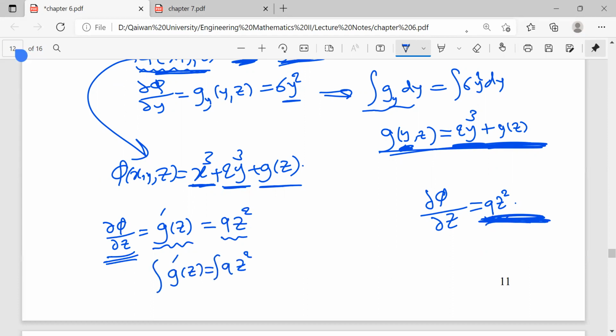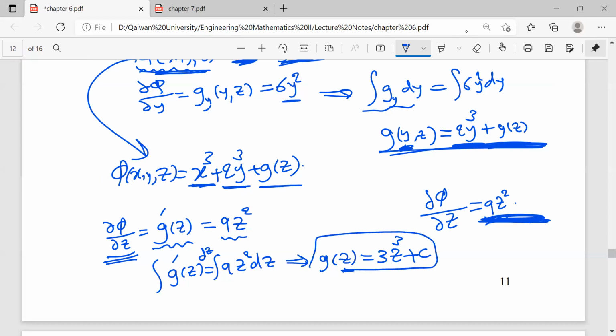We take the integration of both sides with respect to z. The left hand side becomes g of z, which equals 3z cubed plus, here we can add c, because it's a function of one variable. So it is plus c.